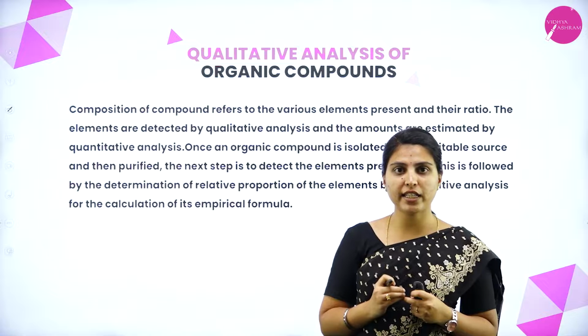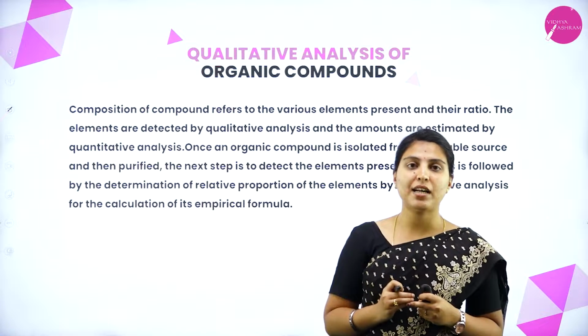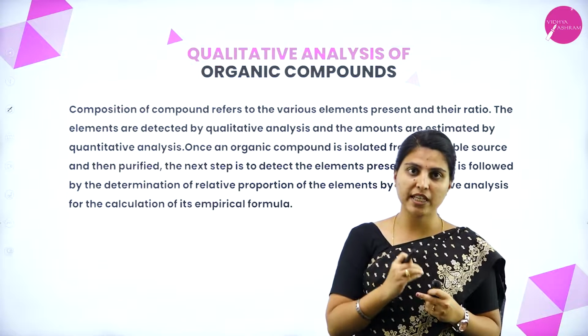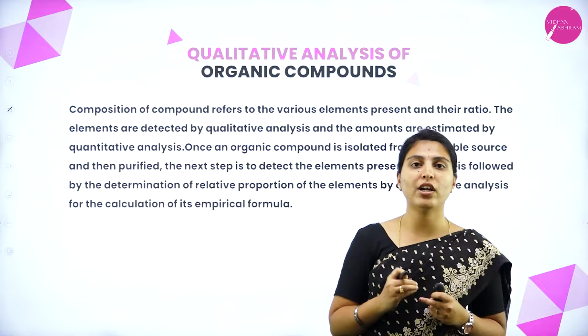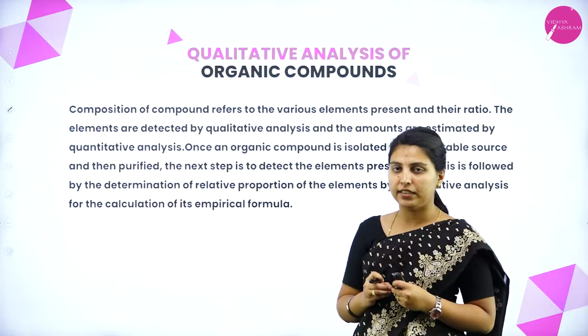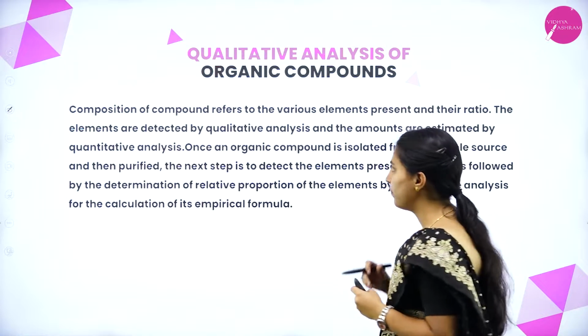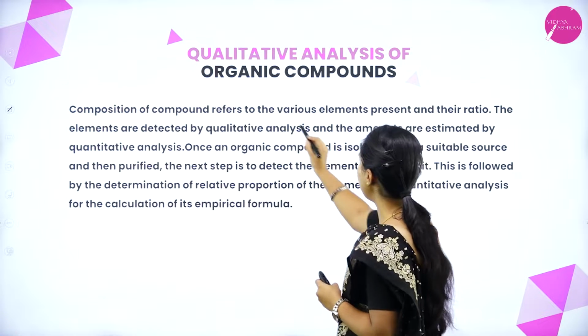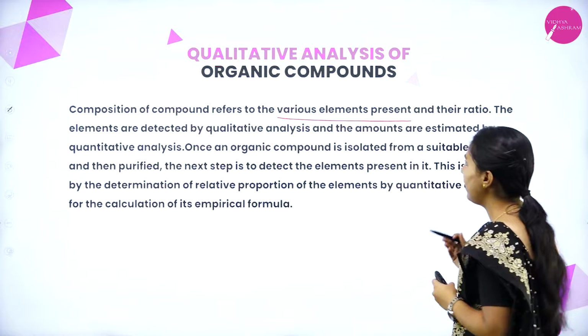In qualitative analysis, we find out which elements are present. In quantitative analysis, we analyze how much quantity or amount of the elements is present in that compound. We will see in detail now. See here, the composition of a compound refers to the various elements present and their ratio.